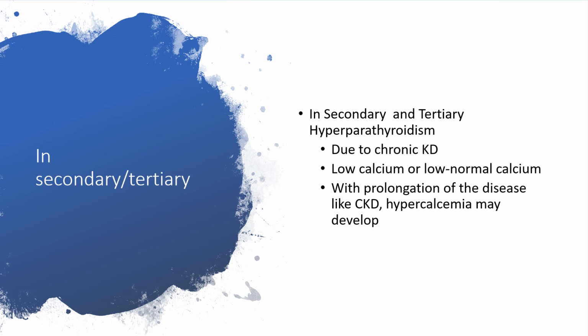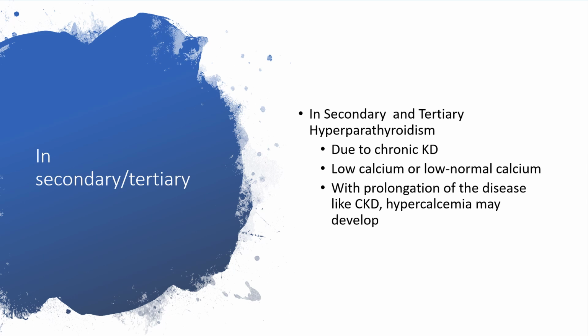In secondary or tertiary hyperparathyroidism, we'll be dealing with chronic kidney disease. I've just explained that a while ago, right? You can pause and rewind. Don't let me waste your time because we still have much to talk about.